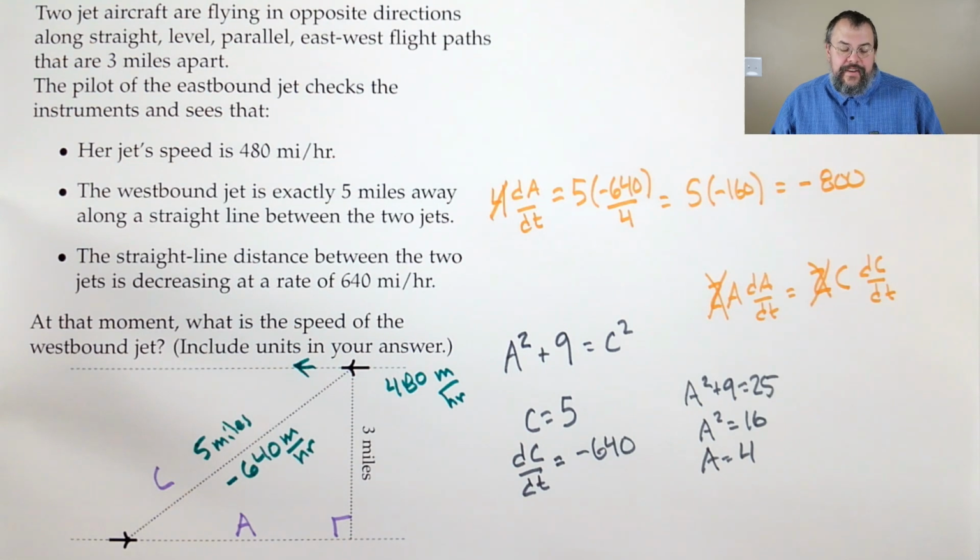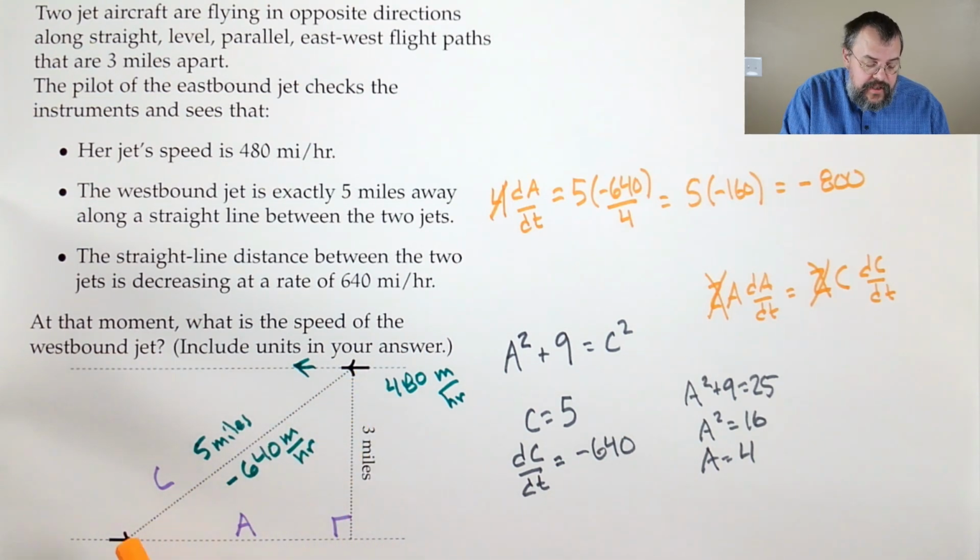So, is the westbound jet traveling at 800 miles per hour? And why not? Okay, the answer is no, it's not traveling at 800 miles per hour, but why not? Well, let's think about it for a second. The issue here is that the change in A is being affected by both the jets.